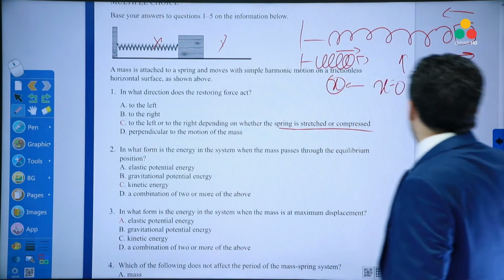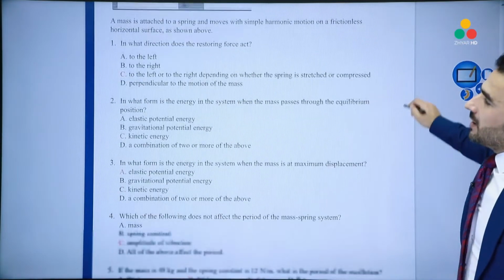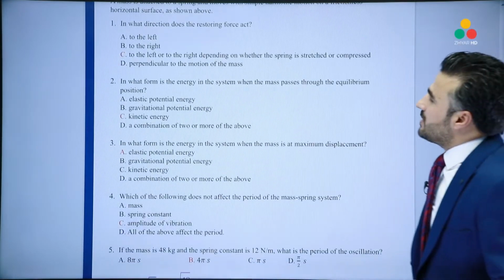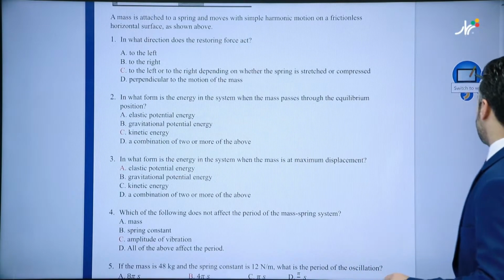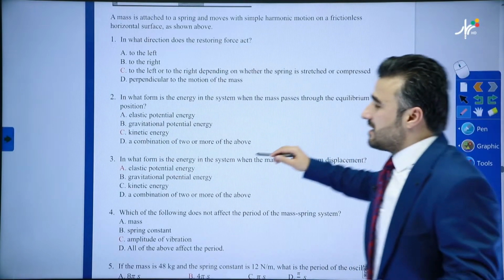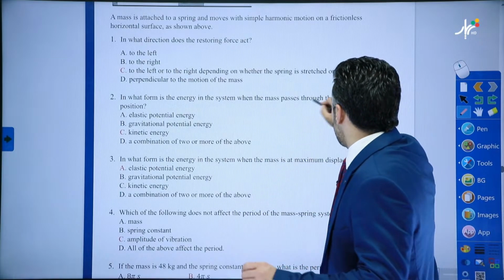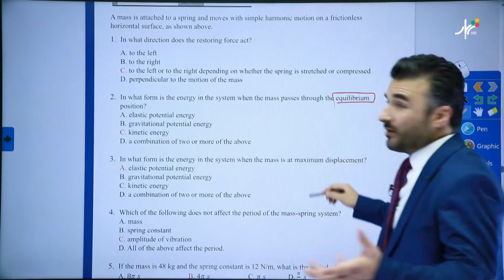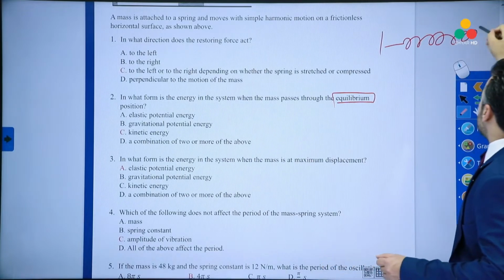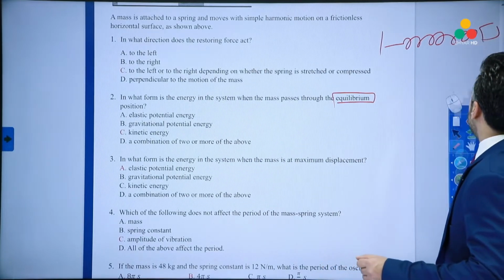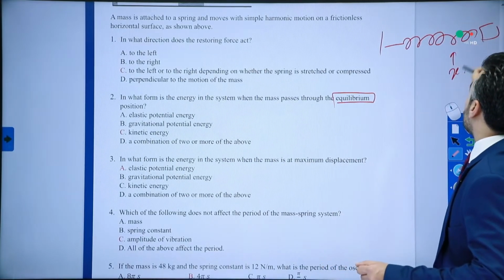Now the second one says, in what form is the energy in the system when the mass passes through the equilibrium position? So once again, the mass passes through the equilibrium position. So what type of energy do we have? Now if this is the spring here, let's say if it is stretched, and this is the equilibrium position here, okay?